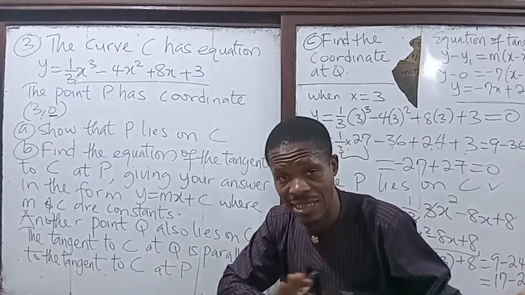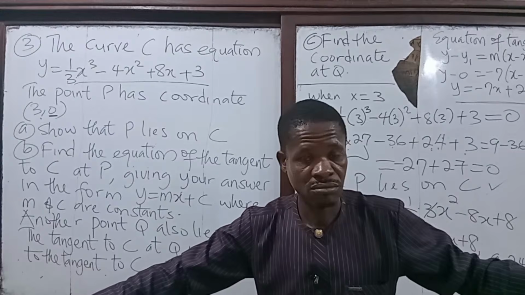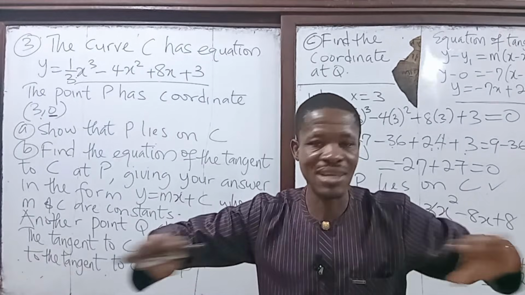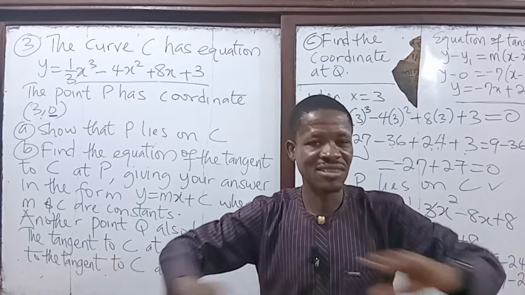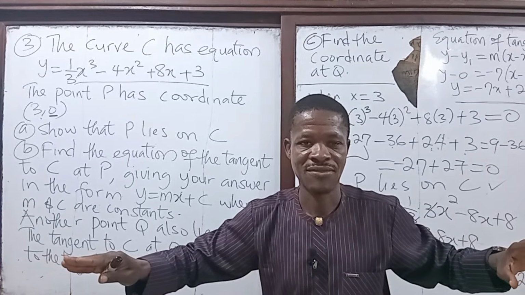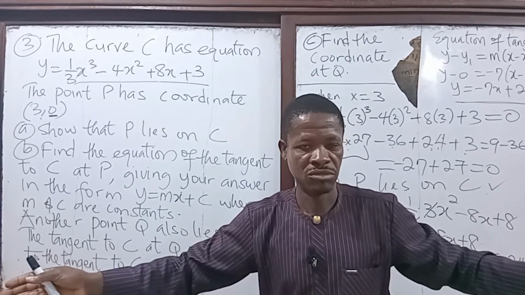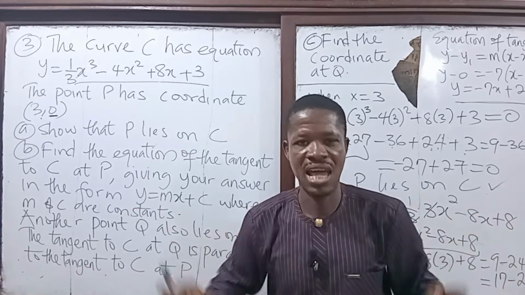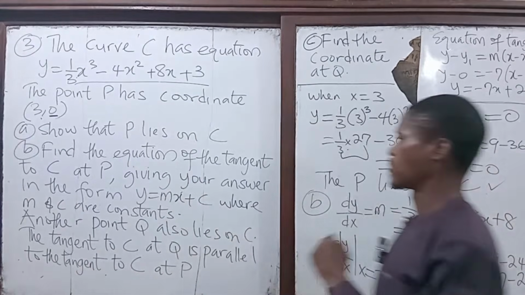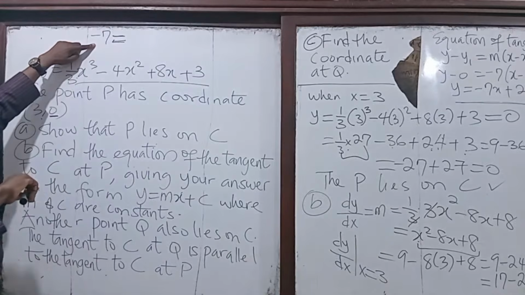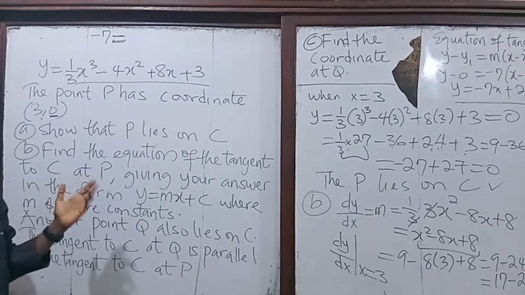For two parallel lines, the gradient is equivalent, it is constant. So m1 is equal to m2, and that's what we are going to base the work upon. The gradient is minus 7.